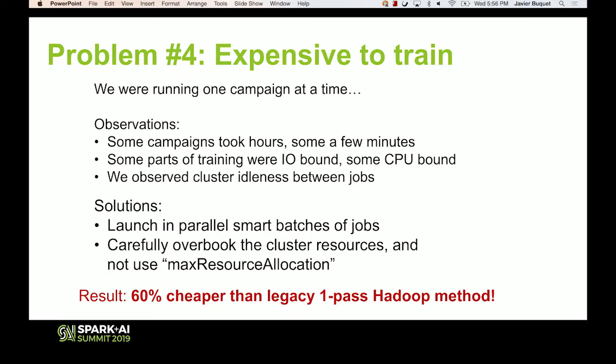We got a 60% cheaper cluster than the one we used with a one-pass Hadoop method. And the algorithms we were using for this particular 60% test were random forests, which are algorithms that require a few passes on the data.